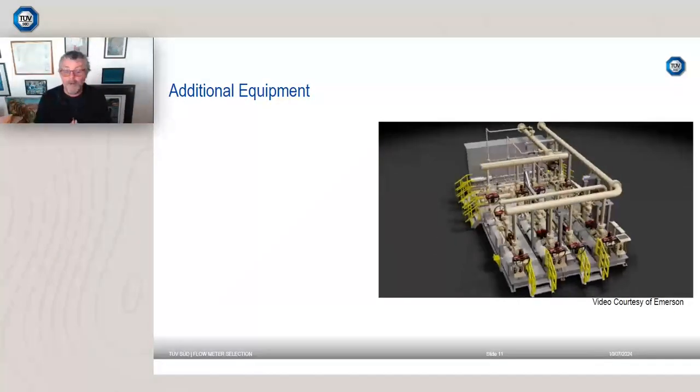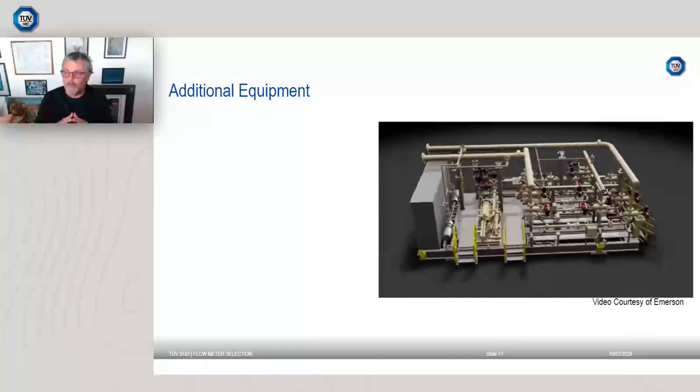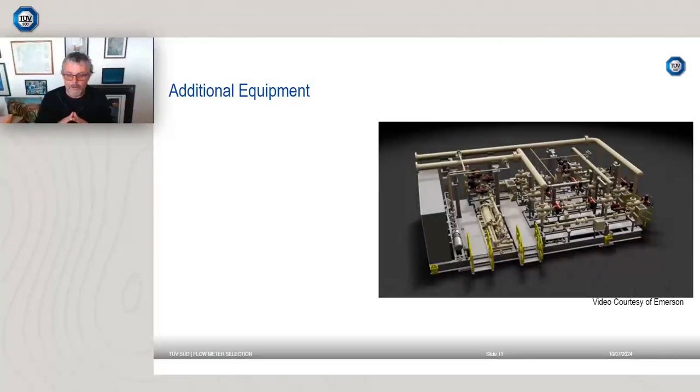Okay. Now, additional equipment. Hopefully I've made clear already that very often it requires more than just a flow meter to make a good flow measurement. There's a lot of additional equipment required, especially for systems which have to be multi-stream.